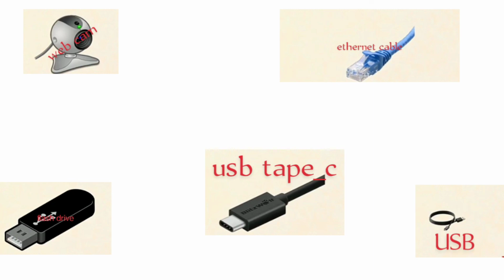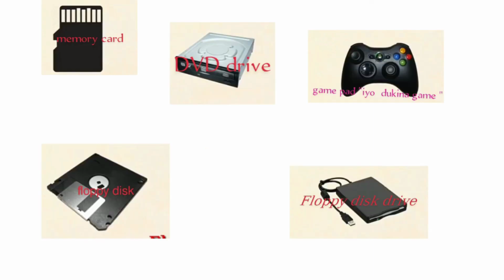This USB helps us to connect our flash drive to the computer. Also we have a memory card. We know it, memory card, this one. We have a DVD drive, a game pad, a floppy disk, a floppy disk drive, and so on.